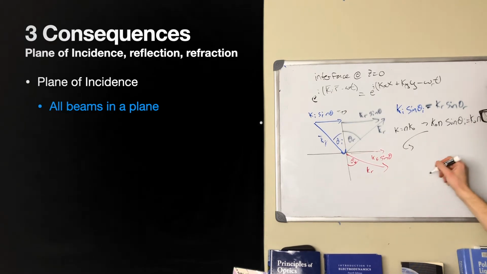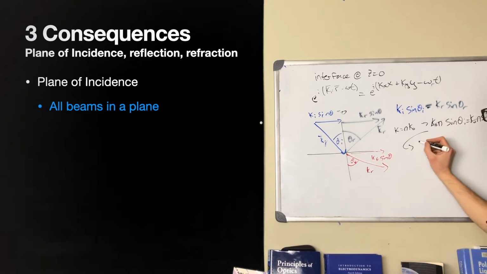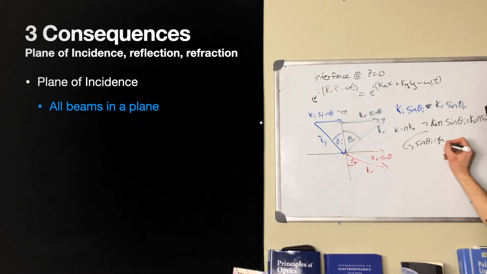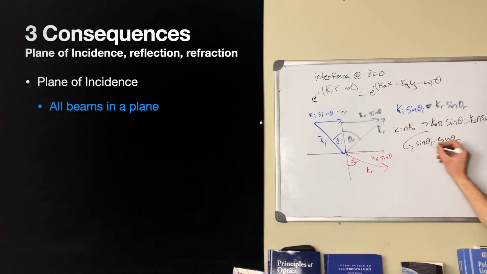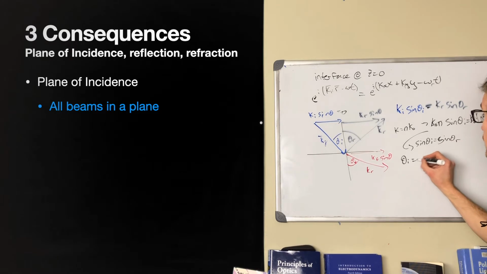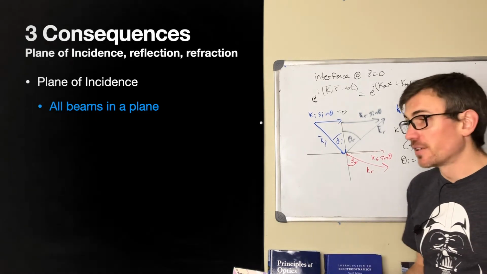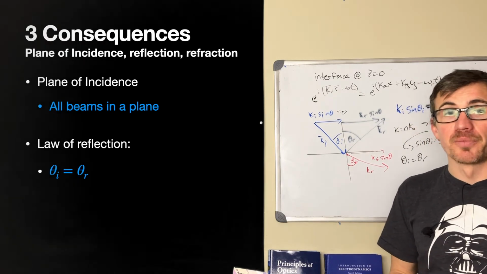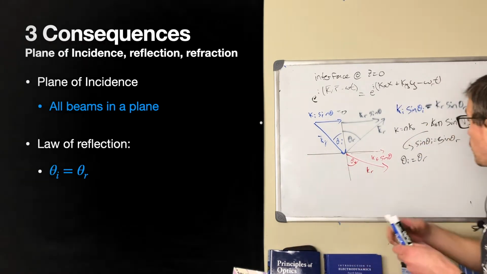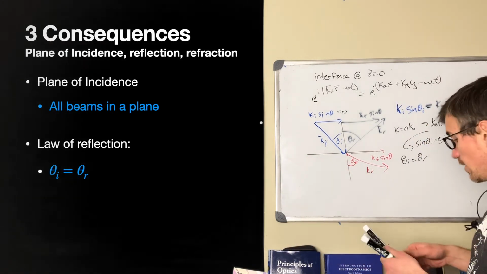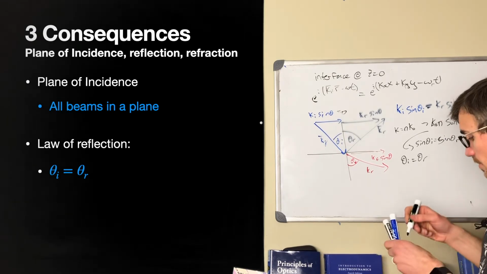The same k naught and n, so we have sine theta incident is equal to sine theta reflected, or incident is equal to reflected angles. This is the law of reflection: theta i is equal to theta r. All right, how about the top and bottom ones? Well, now we have the other set of equations.